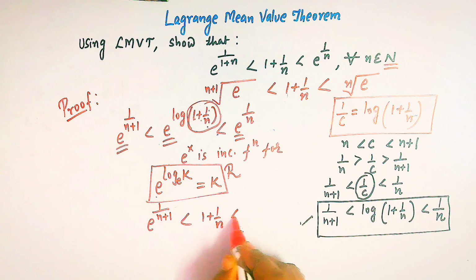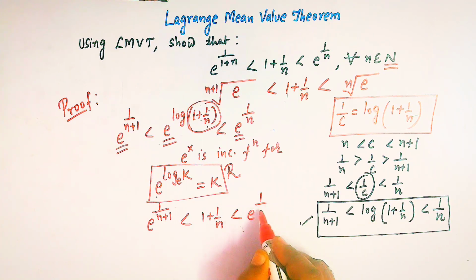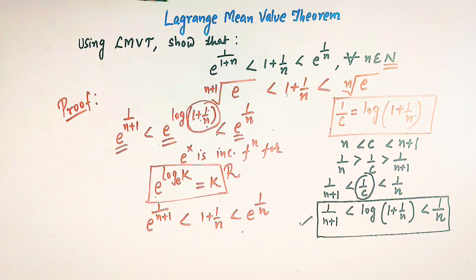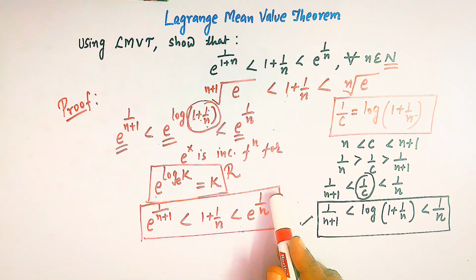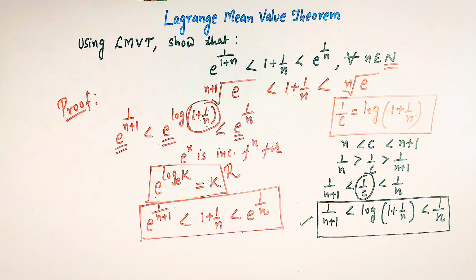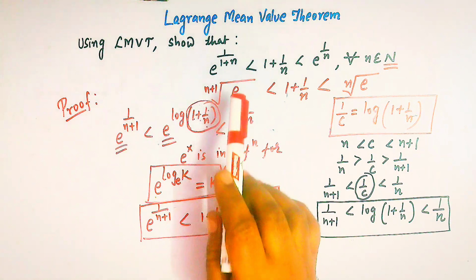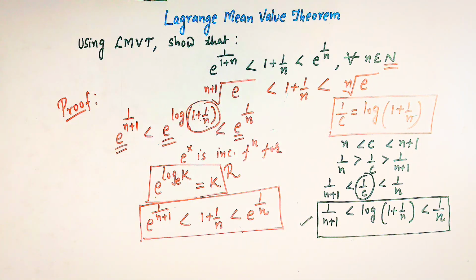And this is further less than e raised to 1 over n. So this is our required inequality, right? So viewers, this is how, by making use of Lagrange's mean value theorem, we can prove these kind of inequalities.